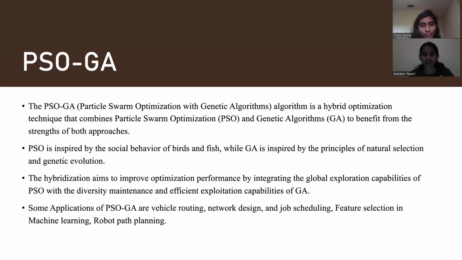The main idea of the PSO algorithm is inspired by the social behavior of birds, where a group of birds follows a bird based on its distance from its destination. There are many applications of PSO-GA. Some of them are network design, job scheduling, and feature selection in machine learning, etc.